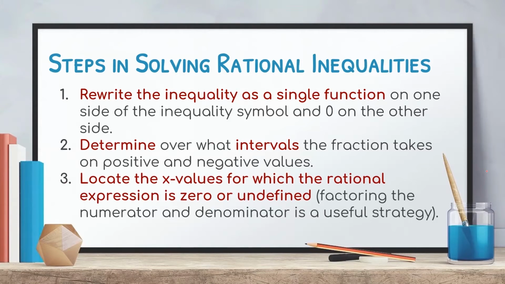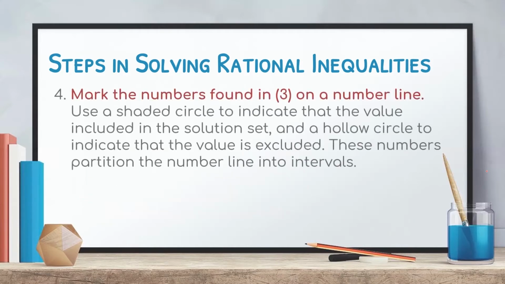Factoring the numerator and denominator is a useful strategy. Fourth, mark the numbers found in step 3 on a number line. Use a shaded circle to indicate that the value is included in the solution set and the hollow circle to indicate that the value is excluded.